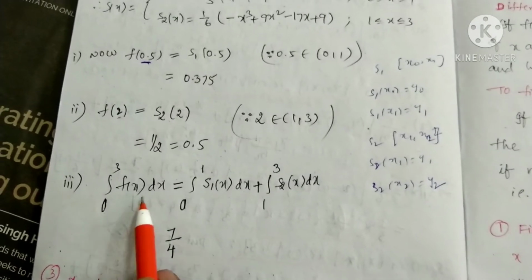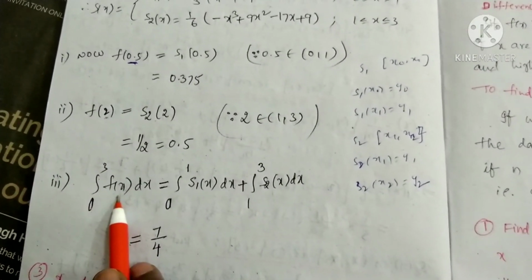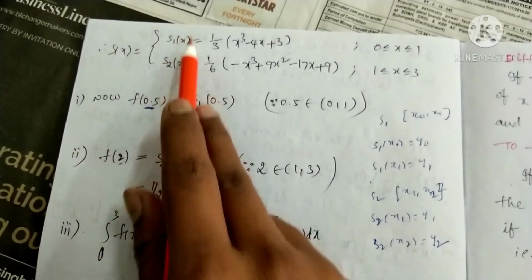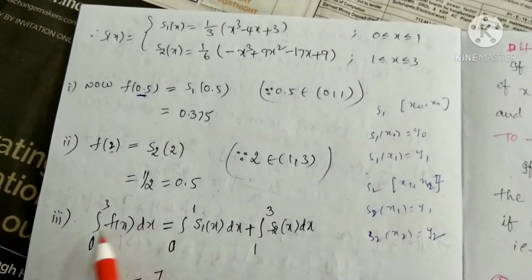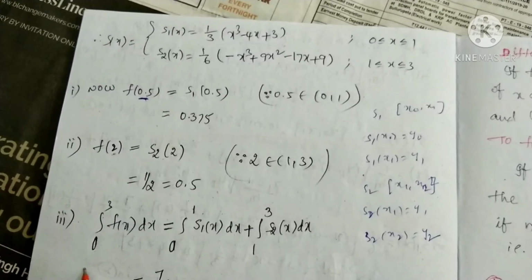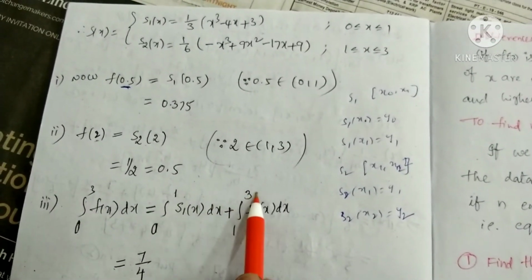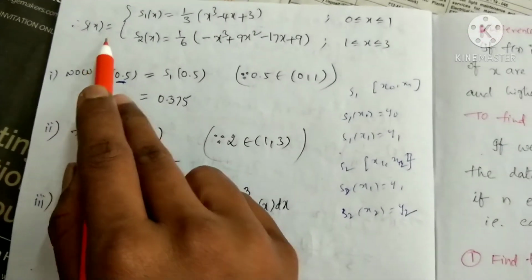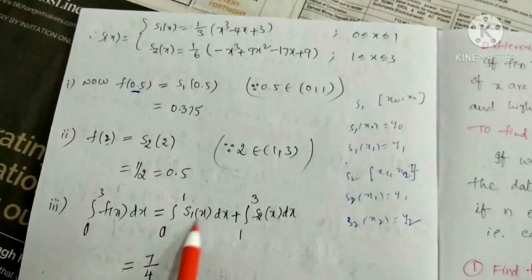Now the third bit is we have to find the integration of f of x from 0 to 3. F of x is not a single polynomial, it is equal to s of x, which is a piecewise polynomial function. So we have to split the interval 0 to 3 according to our data. So it is from 0 to 1 and then 1 to 3. In the interval 0 comma 1, f of x, in the sense s of x, is equal to s1 of x.